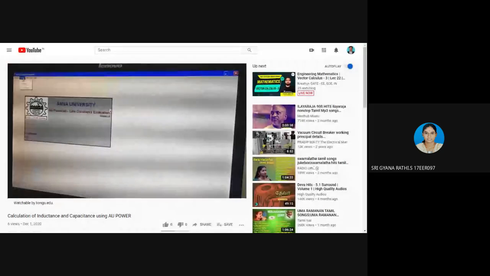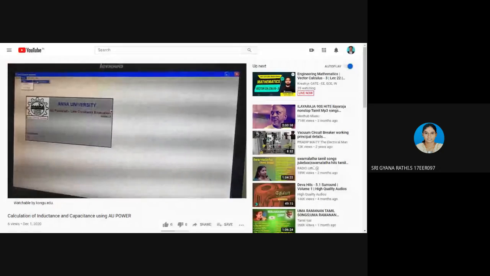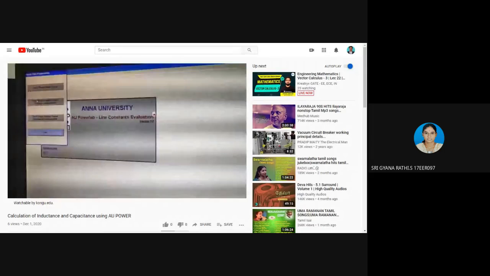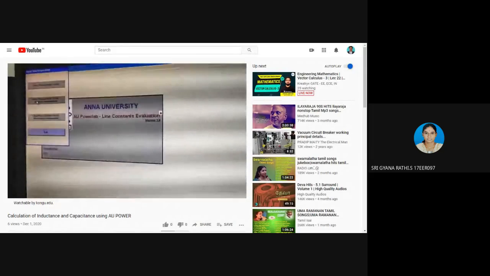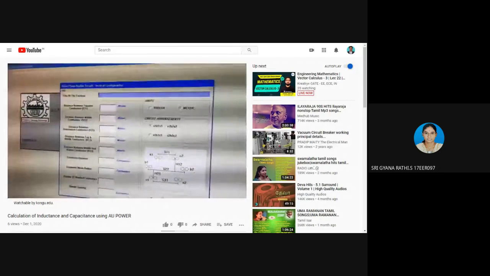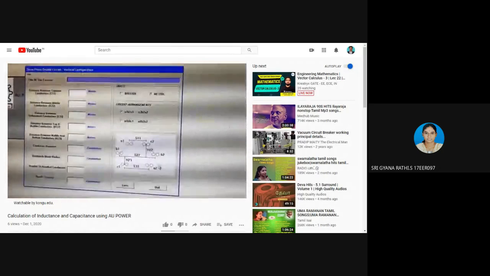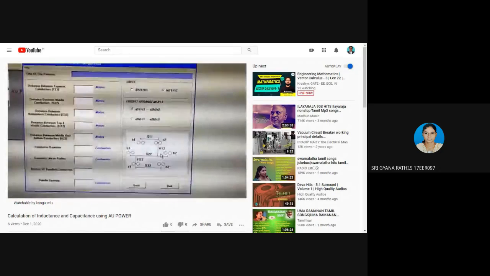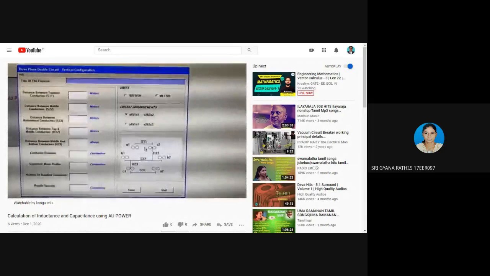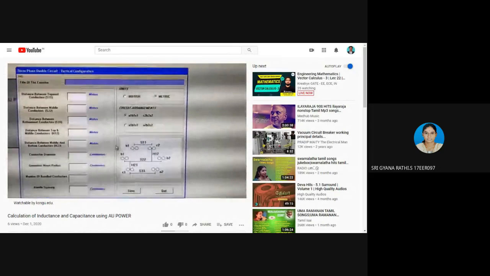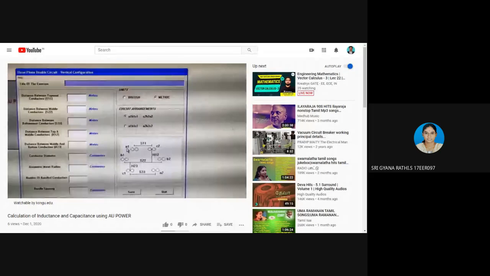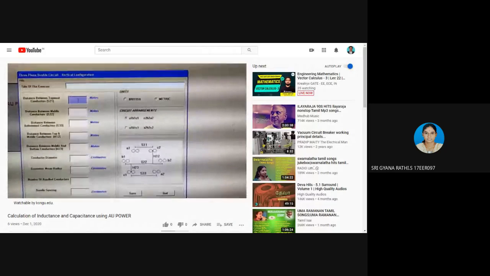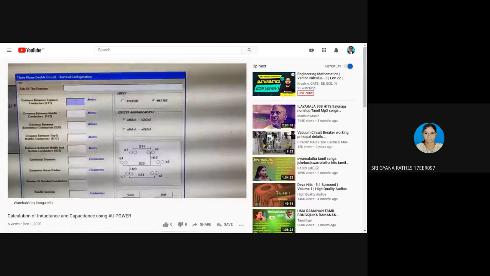So project, new, data preparation. Here you have to select the option 3-phase double circuit vertical configuration. If you see, the diagram arrangement itself shows that it is a hexagon configuration. S11 is the horizontal distance between the topmost two conductors, given as 5 meter in the question.